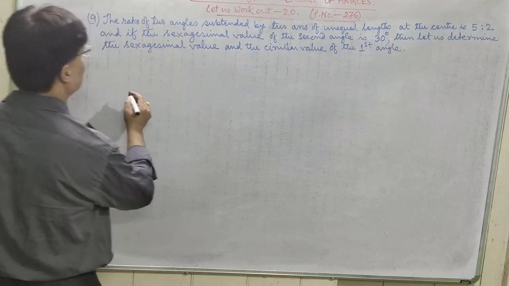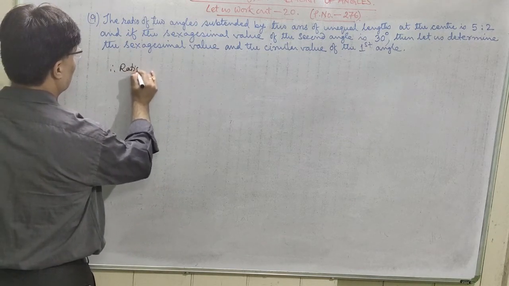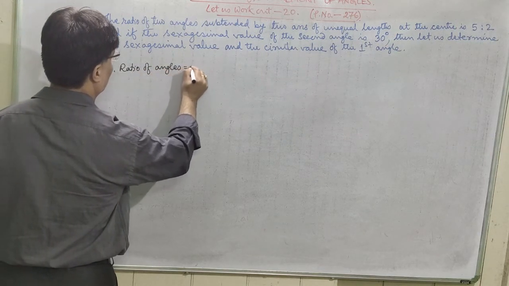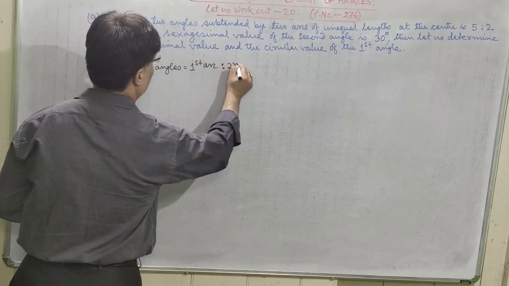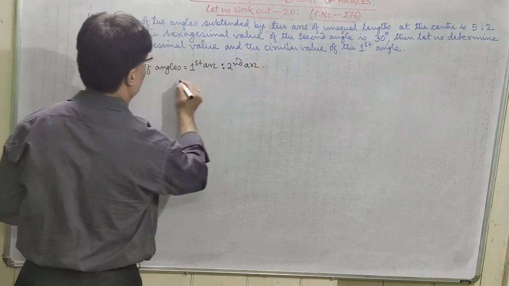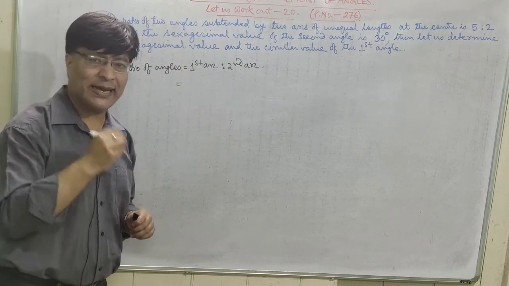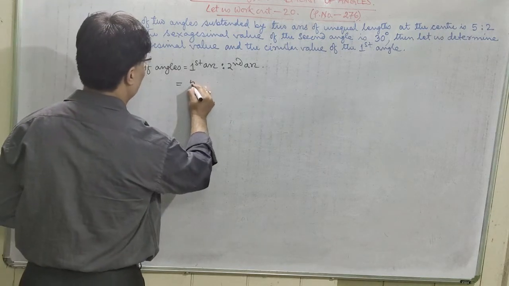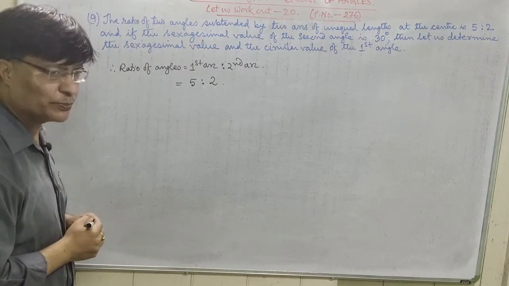So now in the question it is given that the ratio of angles, first arc is to second arc. Okay, so first arc and second arc will subtend an angle at the center of the circle, and their ratio is given as 5:2.